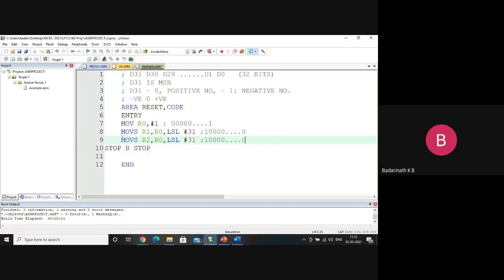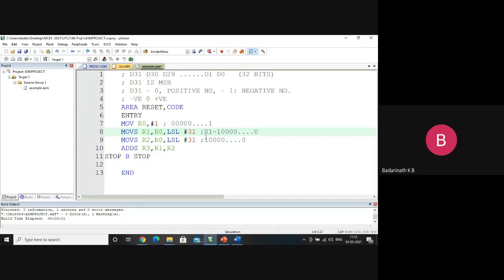I'm adding these 2 numbers. Whenever you add these two numbers, what is the result you are going to get? So I will add these 2 numbers now: ADDS R3, R1, R2, that is R1 plus R2. So now what are the 2 numbers? R1 is nothing but this number, and R2 equals this number.